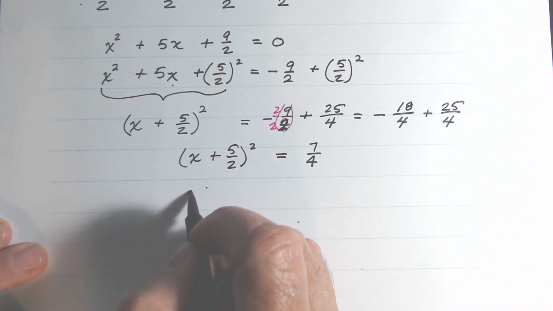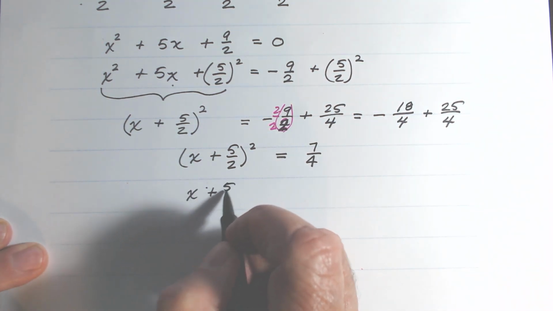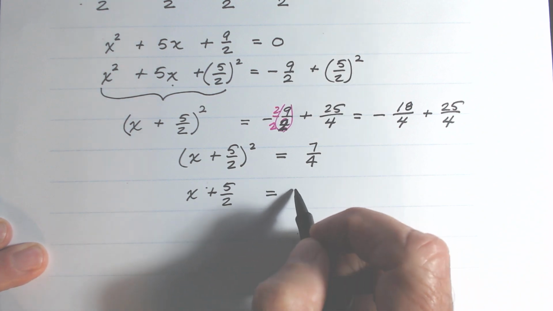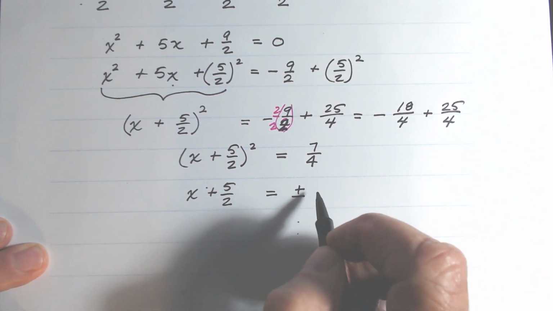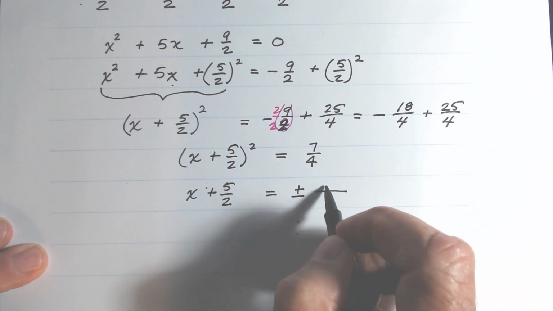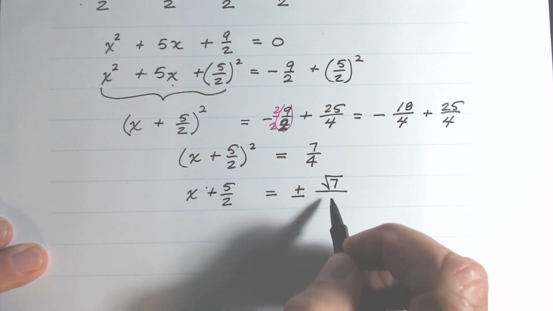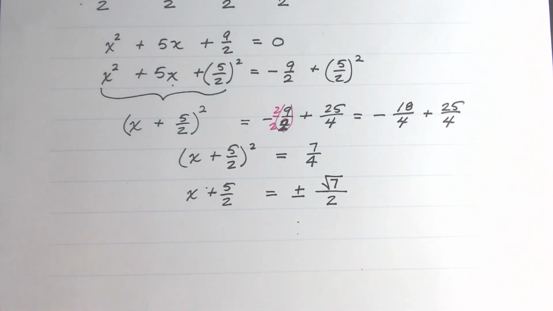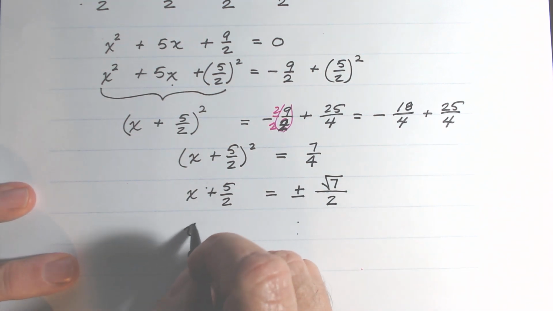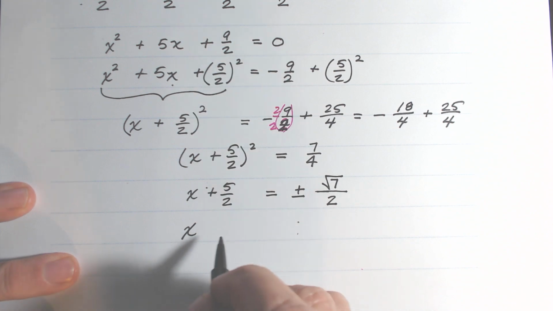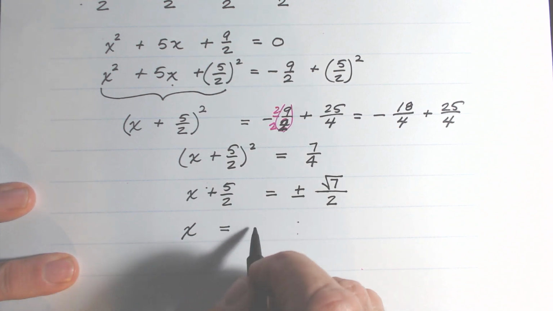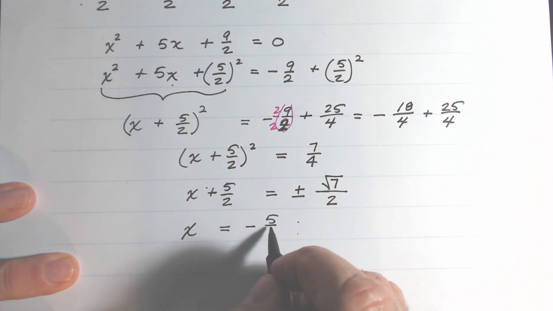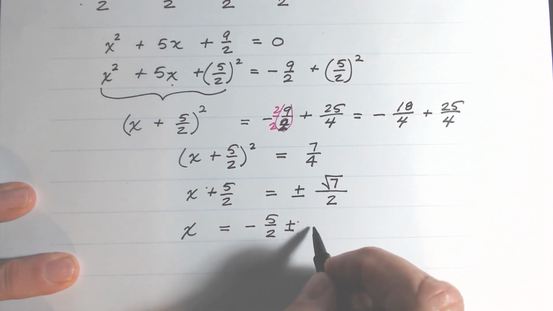and I now take the square root of each side. Same rule applies as last time. We have to put down a plus minus to admit for two possible solutions, and take the square root of 7 over 4. Square root of 4 is 2. So x is equal to negative 5 over 2 plus or minus square root of 7 over 2.